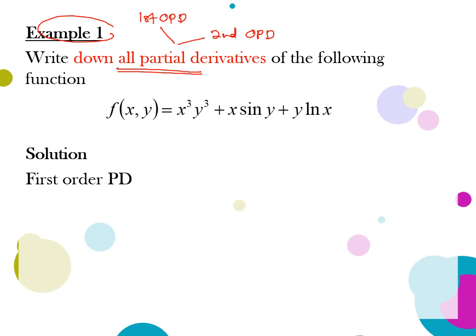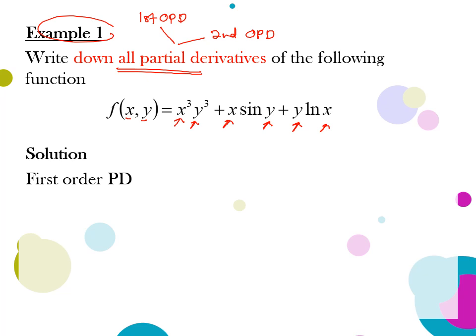So you have function f which depends on variable x and variable y. You can obviously see in the function that you have x and y, y and x.